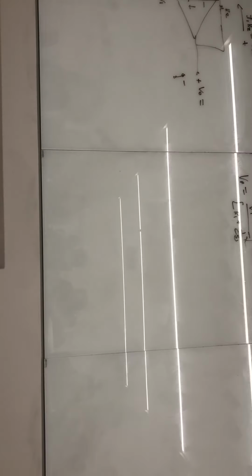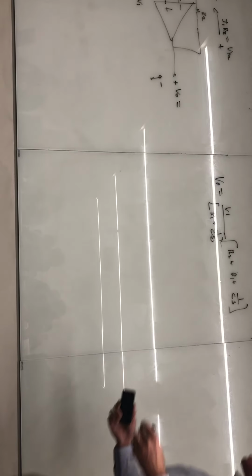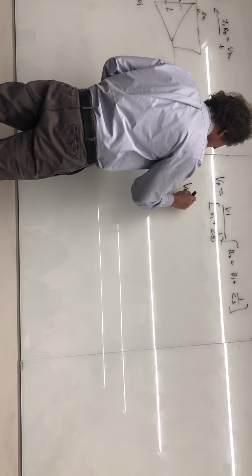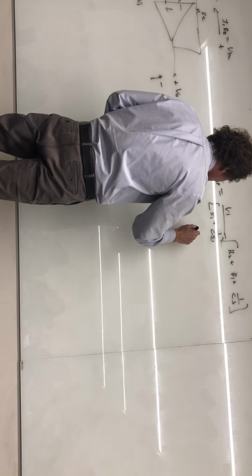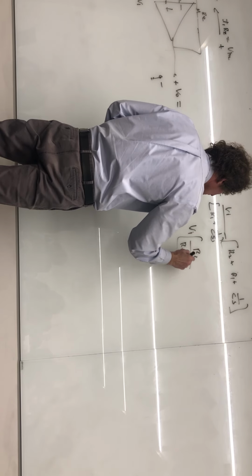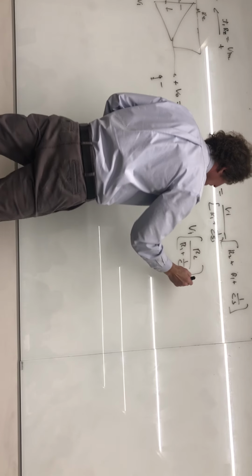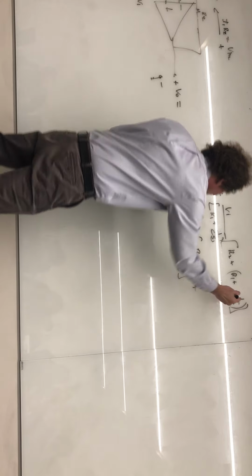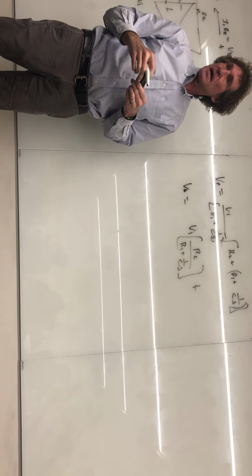Now we simplify as best we can. When I take a look at this, I'm going to expand this and say that V out is equal to V in times R2 over R1 plus 1 over CS, plus, and then the remaining term divides right into that, so it cancels.